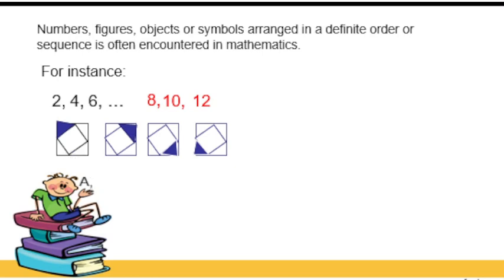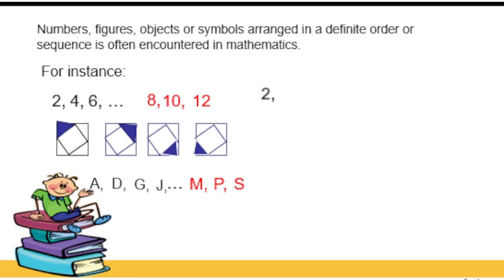Next, we have A, D, G, J. Now, what would be the next possible letters? So that is M, P, S, and so on.